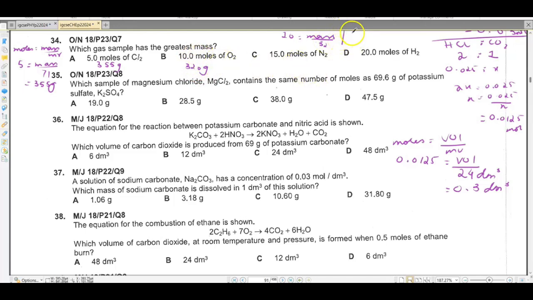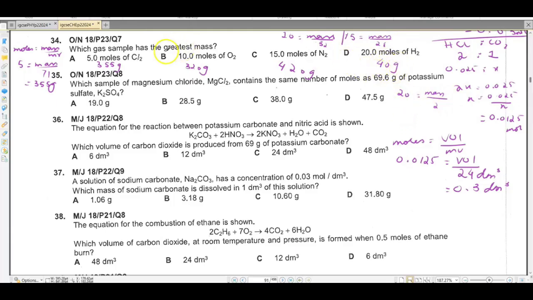Moving on to nitrogen, moles are 15, mass we are looking for, and Mr is going to be 28. 28 into 15 is going to give us 420 grams of N2. And for this one, moles are 20, mass of H2, 20 into 2 is 40 grams. So this is 40 grams.